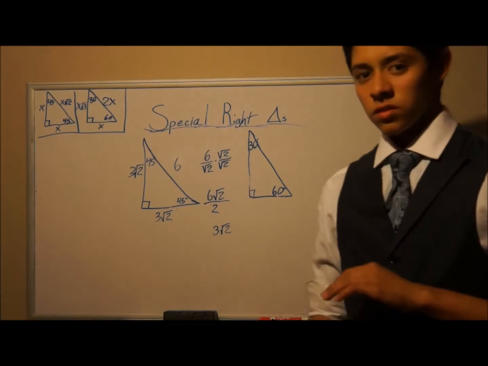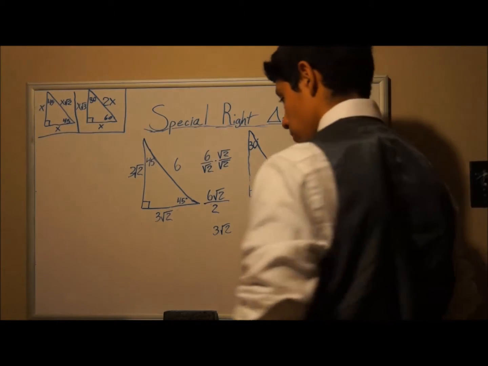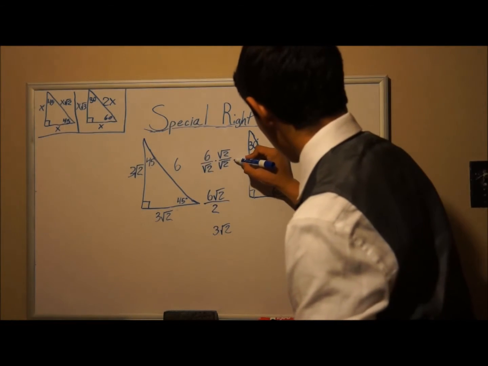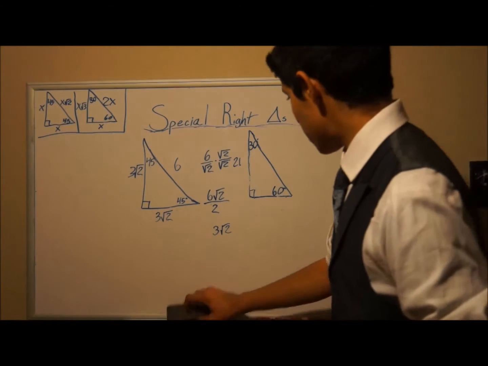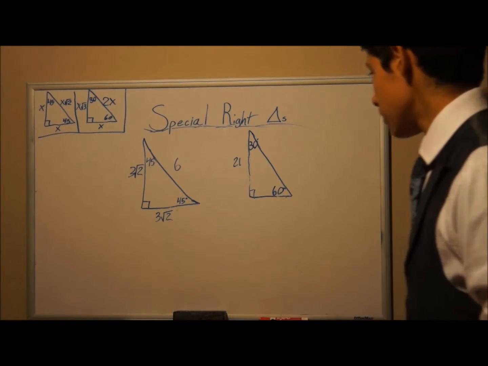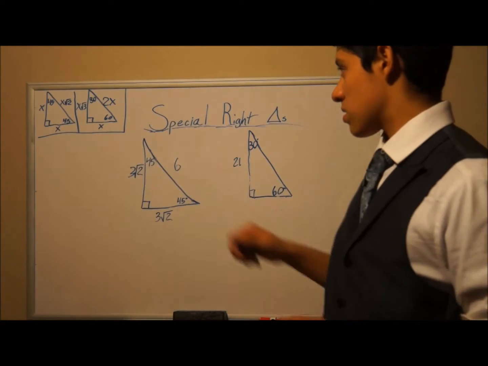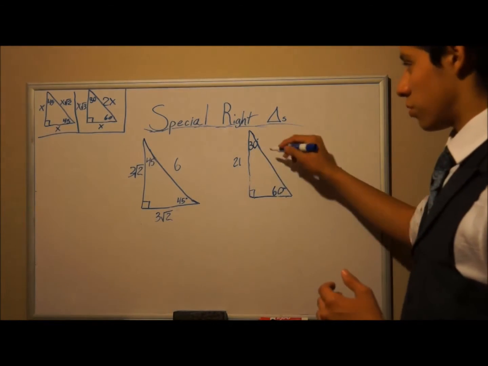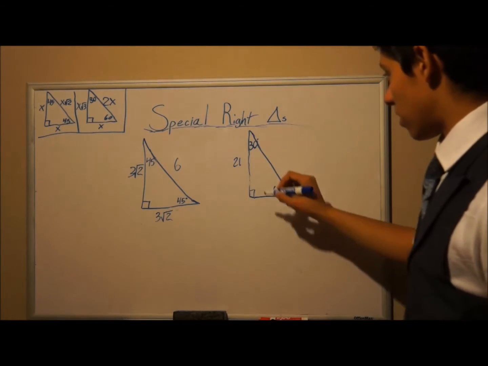Okay, let's go to the 30, 60, 90. Let's say that this is 21. Let me just get rid of that. Say this is 21. If we remember, this would supposedly have square root 3 on the end of this.